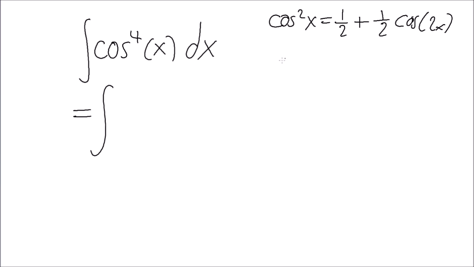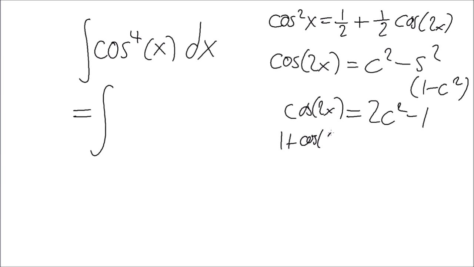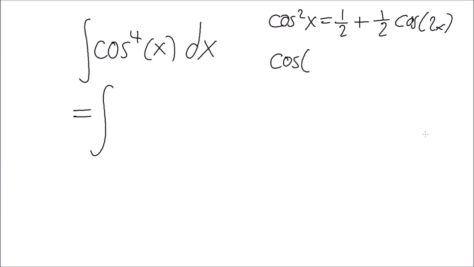But again, it follows the same backup memory method where cosine square minus sine square, turn this into 1 minus sine square. And then you'll end up with 2 cosine square minus 1. And then solve for cosine square, and you'll end up getting 1 plus cosine 2x over 2 equals cosine square. So that's where all that comes from.